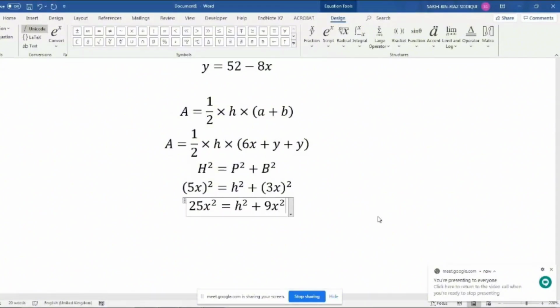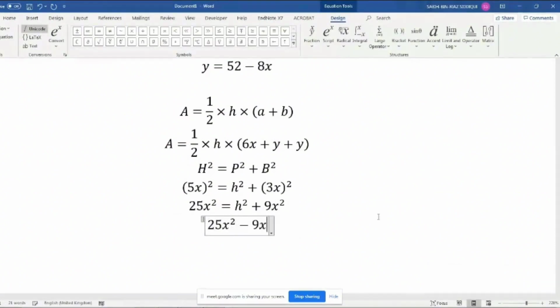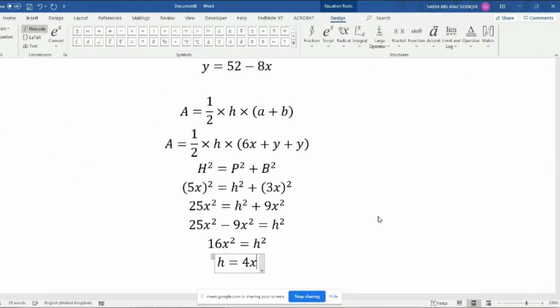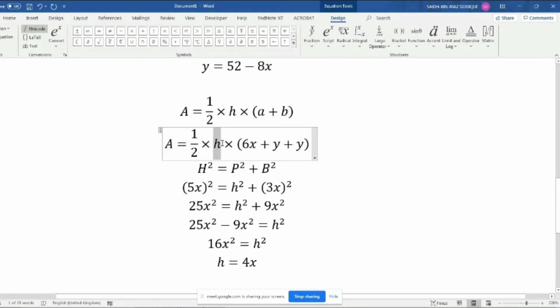Take 9x square over there. What do you get? 25x square minus 9x square is equal to h square. So this will simply be 16x square is equal to h square. Taking roots on both sides, what do you get? h is 4x. So the height is 4x. Now I know I can plug in the height over here. My height will be 4x.